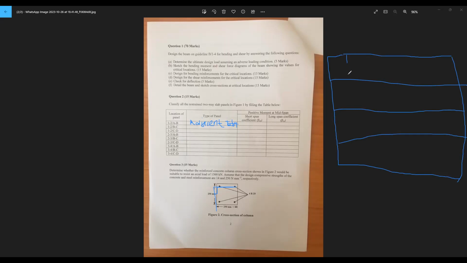So I have my panel 1 to be adjacent edges discontinuous.